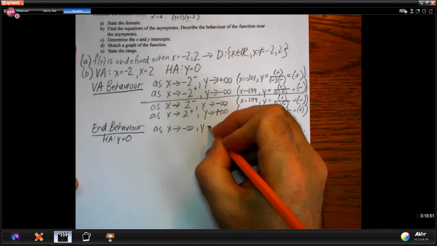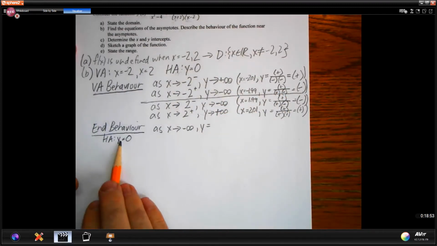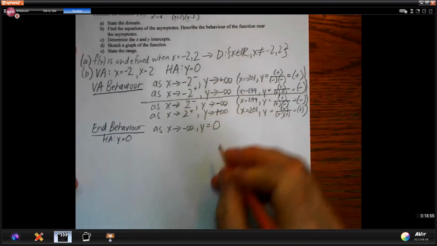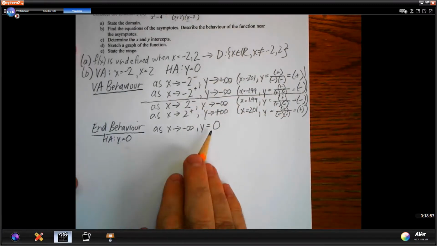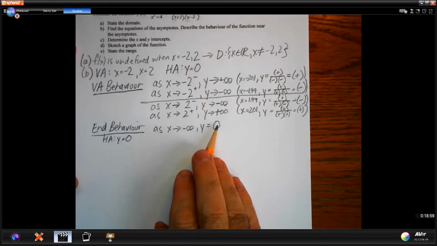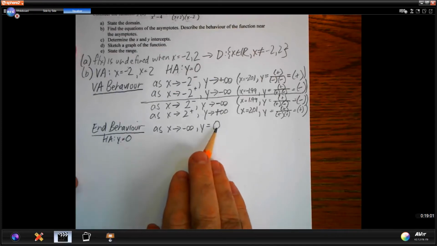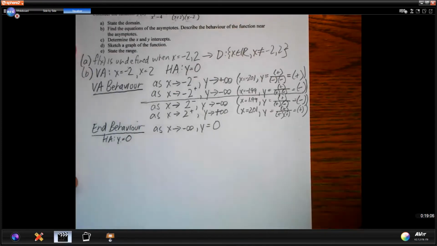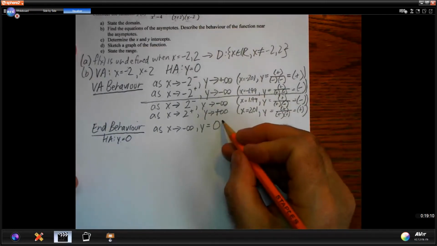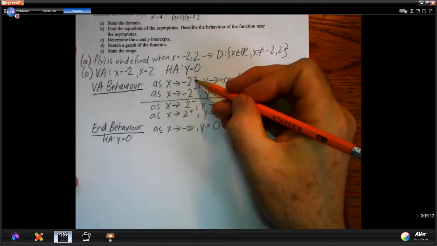Y will definitely approach this asymptote, but what we're trying to find out is, is it coming from the top, above y equals 0, or below? So we're either going to put a plus or minus sign up here, just like we had over here.